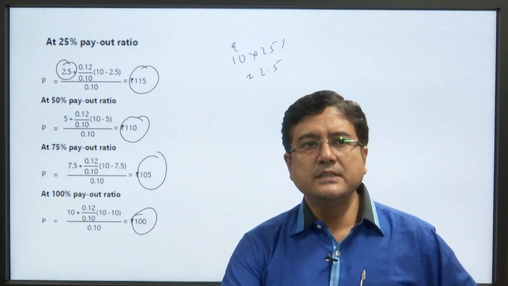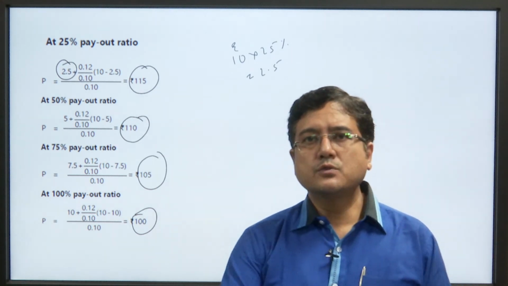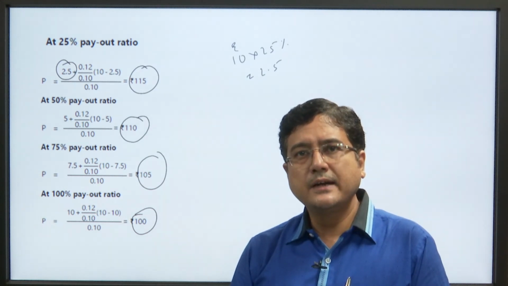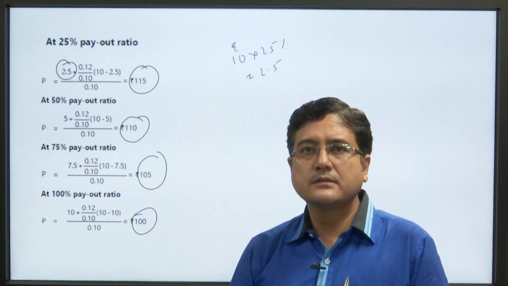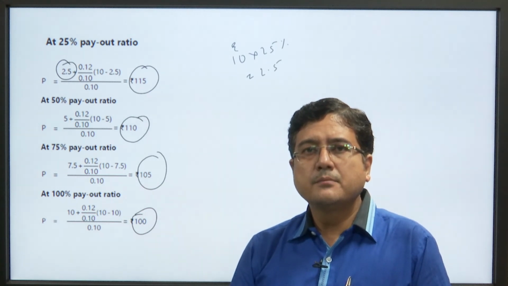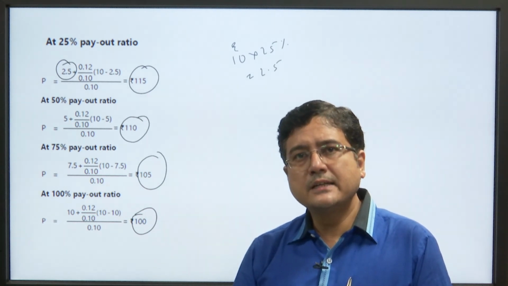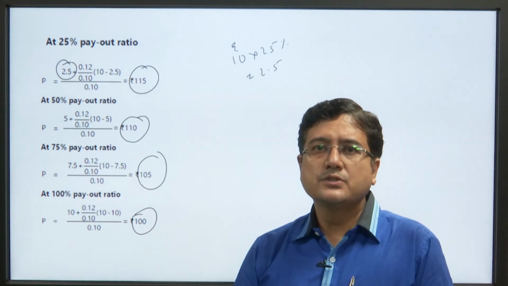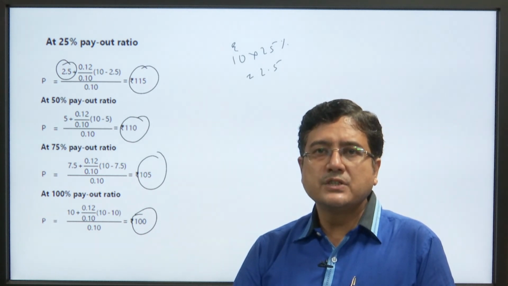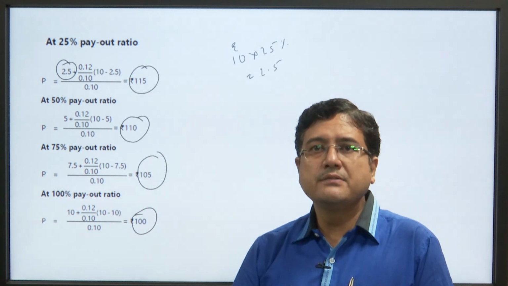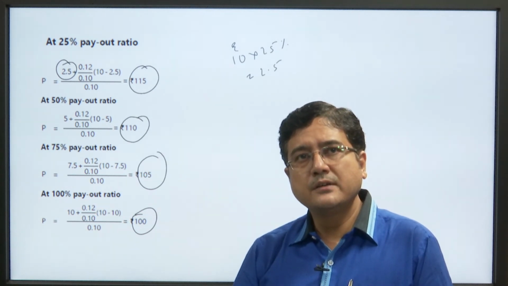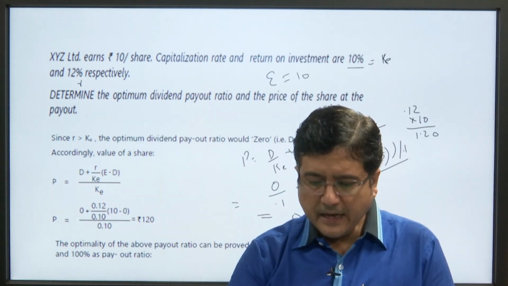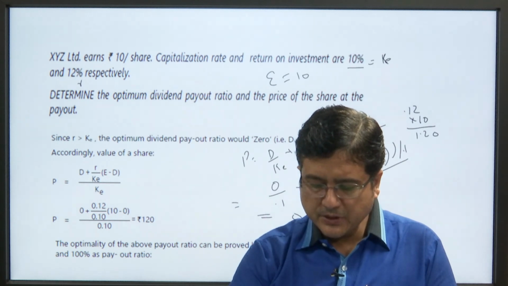So, with these two numericals, it is quite clear that when a company gives the dividend, it will affect the share prices. This theory was given by Walter, who said there is an effect on share price which is directly related to the dividend paid. In case 0, the price per share is 120.